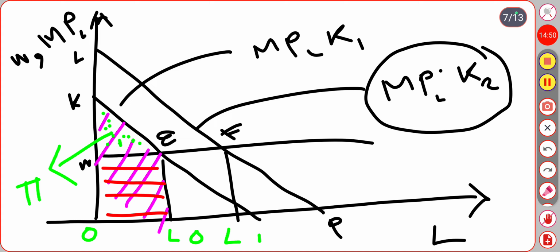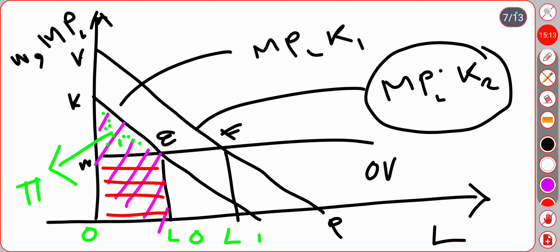So output is similarly OVFL1, the new output, and the wage is OWFL1. New wage is OWFL1.